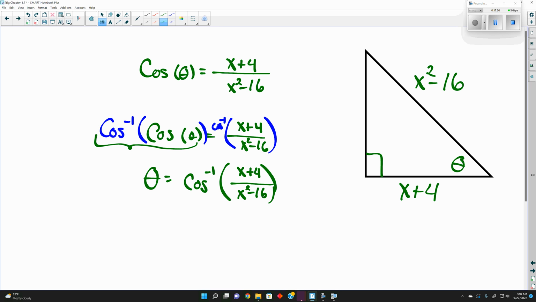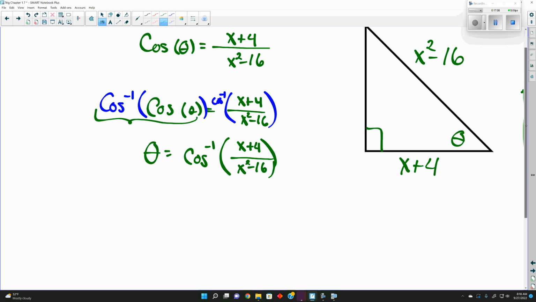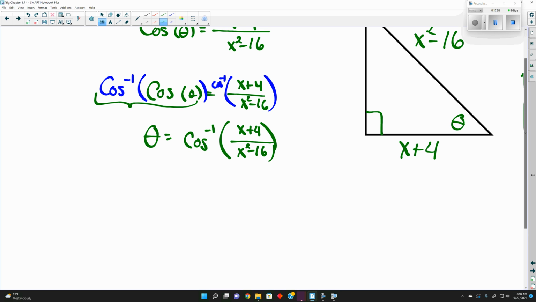Now we should simplify it if we can. Is the x squared minus 16 a difference of perfect squares? Yes, it would factor to what? x minus 4 and x plus 4. Well, that would give us something that matches on top and bottom, yes?